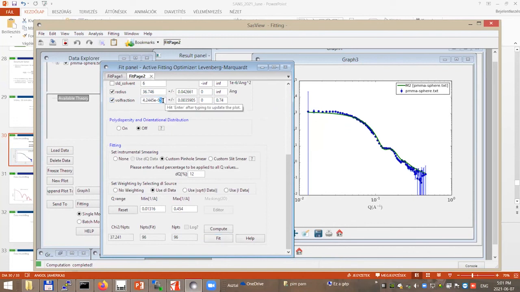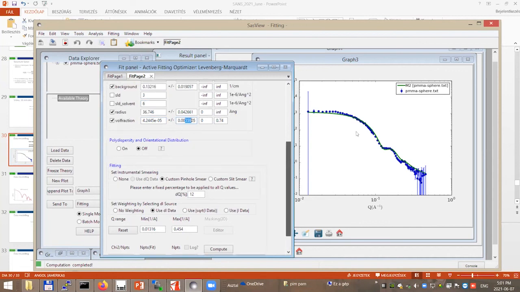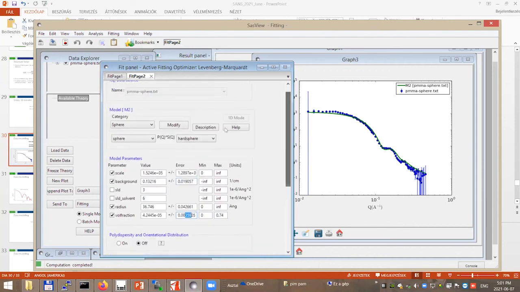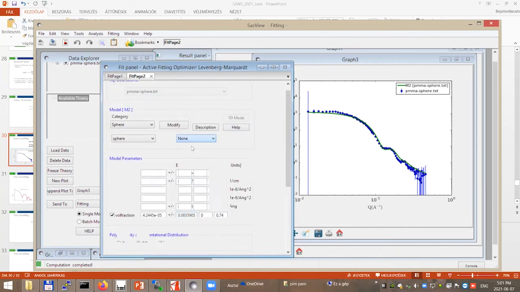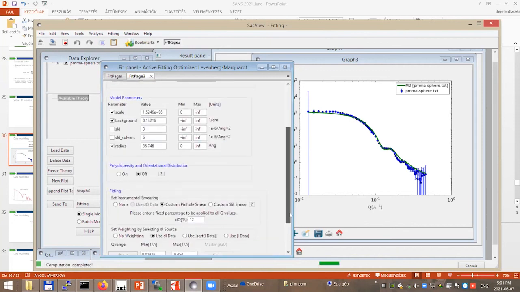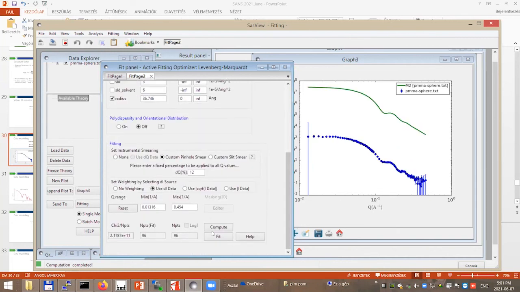It is smaller than the error bar on the same parameter, so it is not relevant. So it cannot fit the volume fraction. This system is so dilute that we can safely switch it off. So put here no. Again, rescale it.